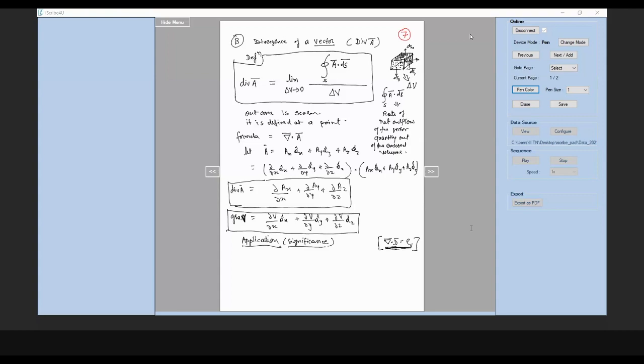Okay. Now I will give you a hint here. Have you come across these two words? We call it source and sink. So have you come across sourcing and sinking basically? What do you mean by it?